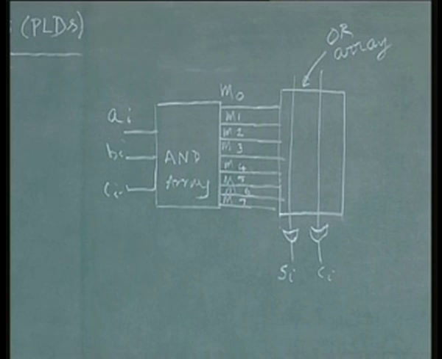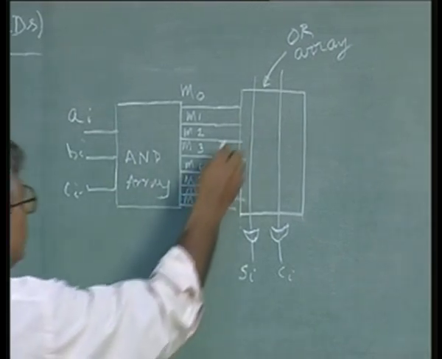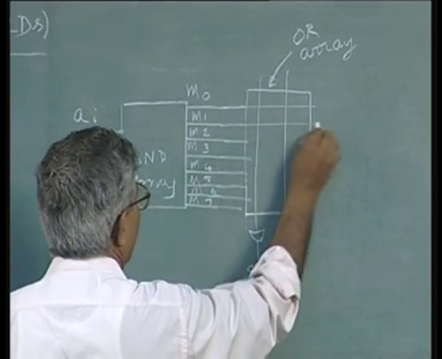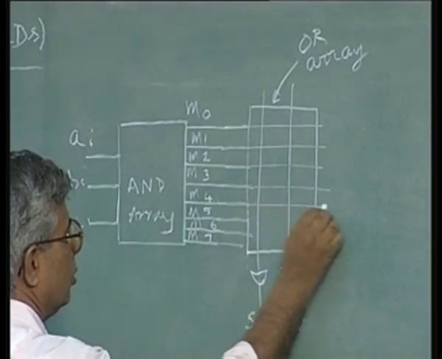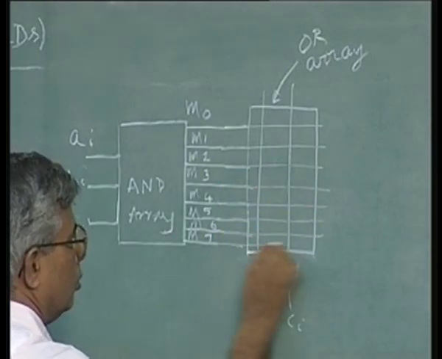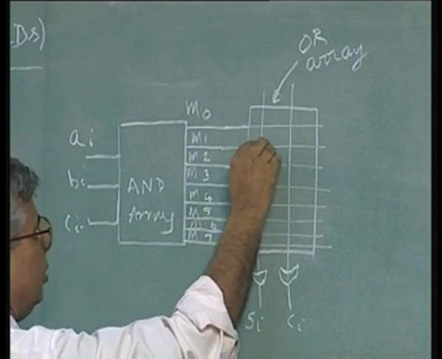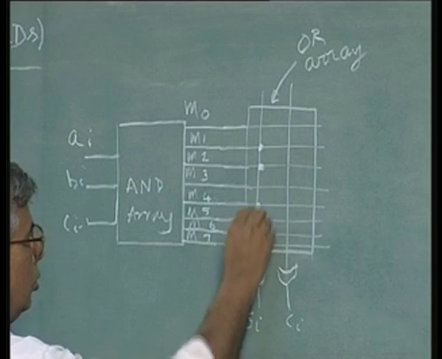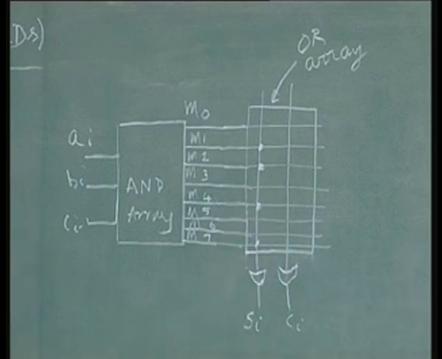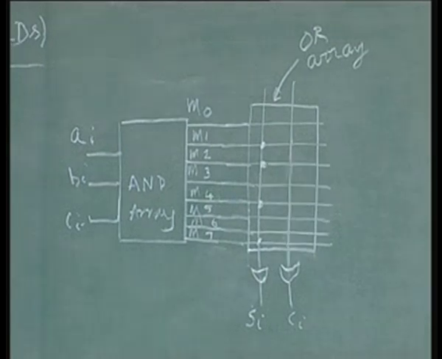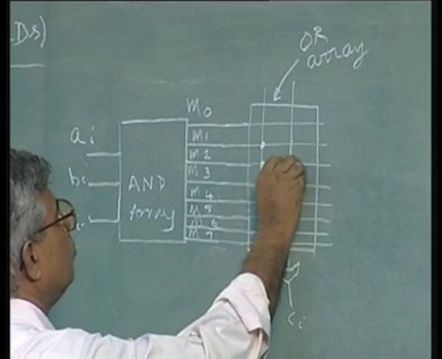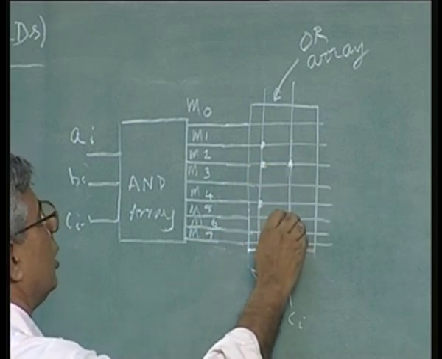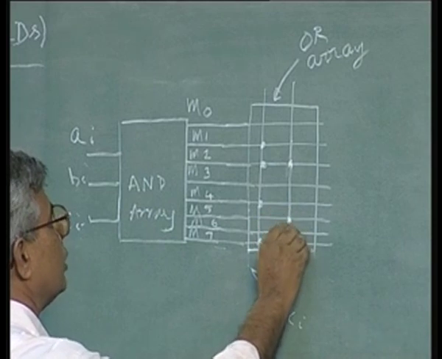So, as we said, now 1, 2, 4, 7 minterms, all the minterms are available, out of which the minterms 1, 2, 4, 7 form the sum, and minterms 3, 5, 6, 7 form the carry.